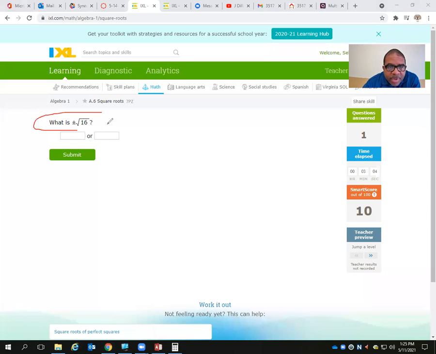So our next one here is the positive and negative square root of 16. So what times itself would be 16? Well, we just did 6 times 6 is 36. 36 is too big. Let's do 5 times 5. That's 25.